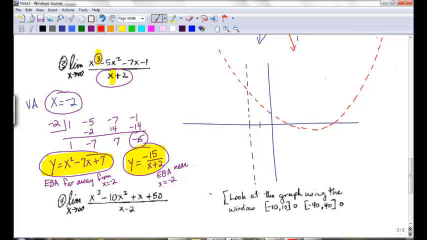Now you have to graph the hyperbola. So go to y sub 2 and graph negative 15 divided by, in parentheses, x plus 2.